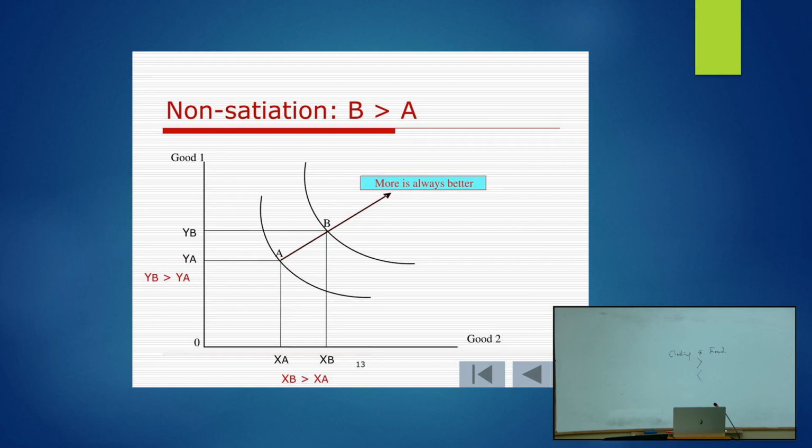From A to B, good 1 increases from XA to XB, and good 2 also changes from YA to YB. This is the non-satiation theory.